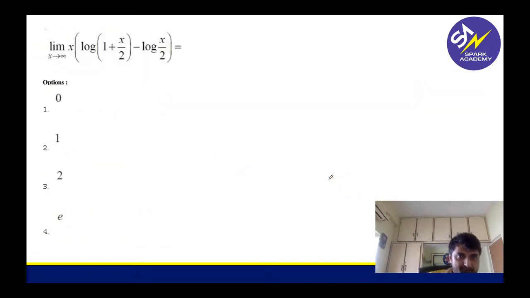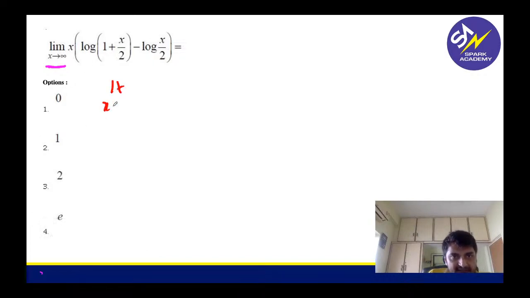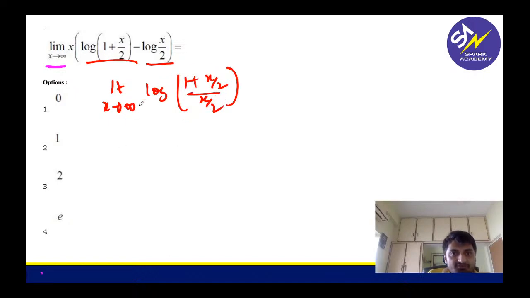Tell me this, people. Tell me this classic case of limits in logarithms. How do you do it? Limit x tends to infinity, x as it is. This is log a minus log b. So this I can write as log of 1 plus x by 2 by x by 2, and x is there outside, obviously.